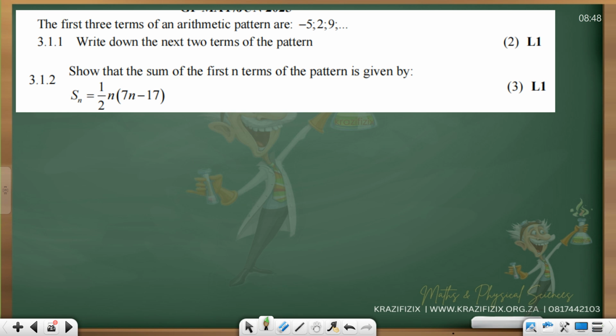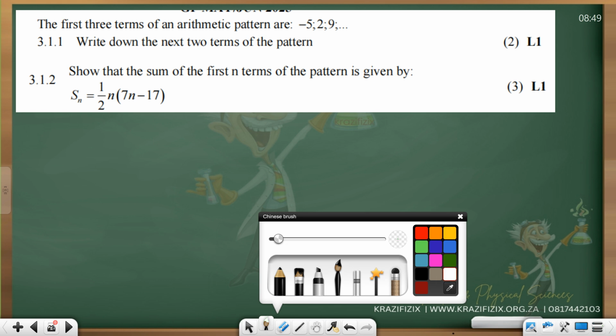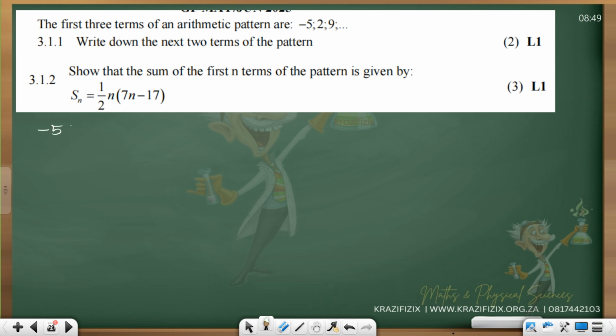Okay, look at this one. The first 3 terms of an arithmetic sequence are -5, 2, and 9. Remember what I said? I want to do a few questions on arithmetic before we start flying. It's an arithmetic sequence.